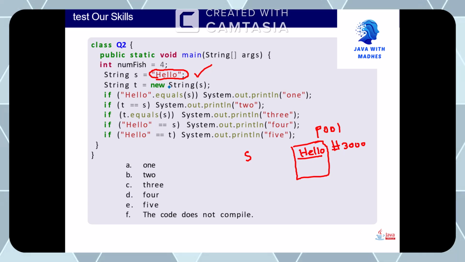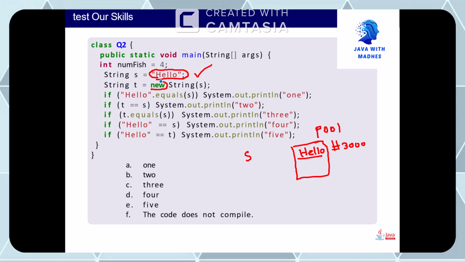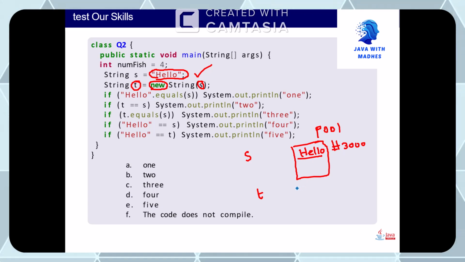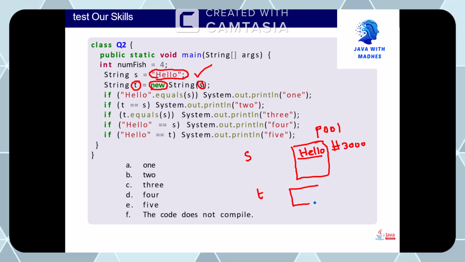Next we are coming to this line. I am using the new operator to allocate memory for t. So t is created separately and we are passing the content of s to t. Hello will be passed here and the memory location can be 7000.